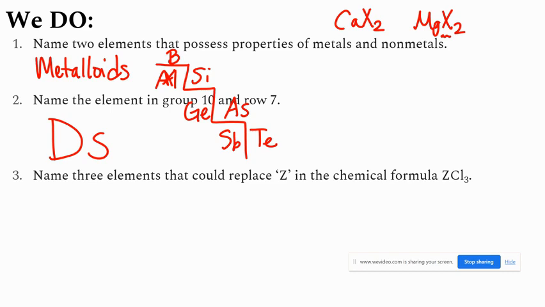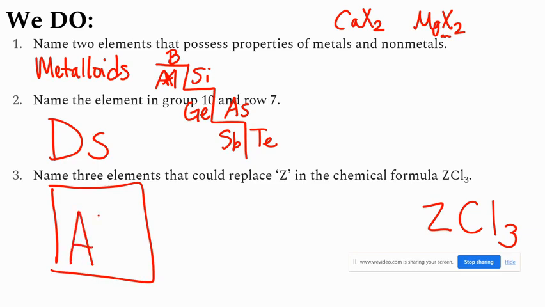All right, name 3 elements that could replace Z in ZCl3. And this is a little bit harder. I will tell you that one of them is aluminum. If you look up aluminum here, you will see a +3 on your periodic table in this location.